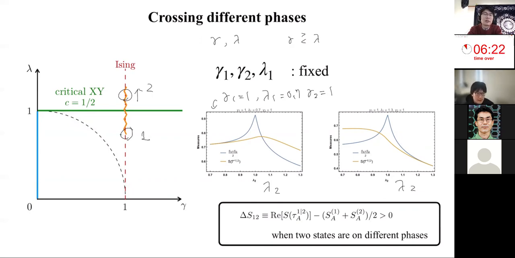Roughly speaking, if we cross here, the spectrum of the entanglement Hamiltonian changes sign, and it will give us the imaginary part. So maybe the imaginary part may be used for such a situation, but I have no clear answer.